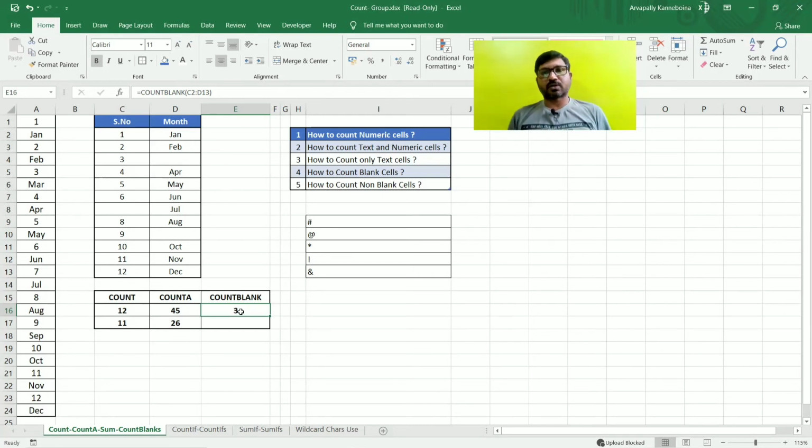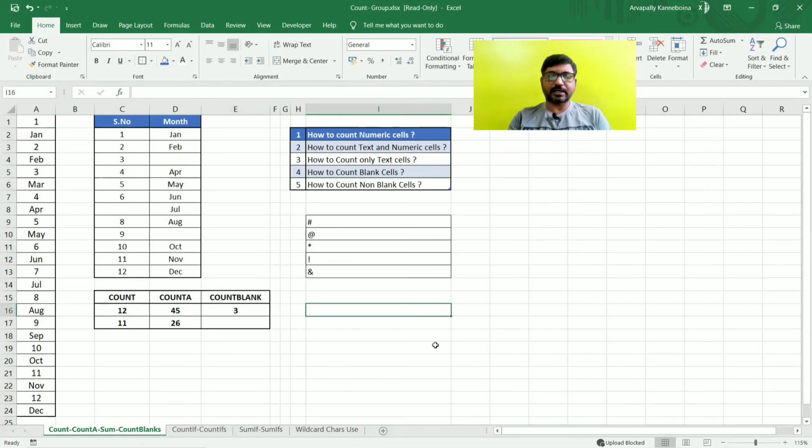So you got one question. We count all the selected cells which have content, but I want to know only the text content cells. At that time you write a different formula; first I will tell you how to count the numeric cells. For numeric cells only, the formula is count. Count should count only the numerics. I'm writing again to explain this question. We get only the numbered cells count.